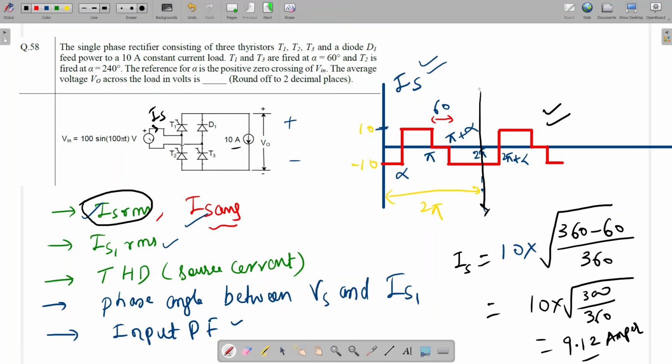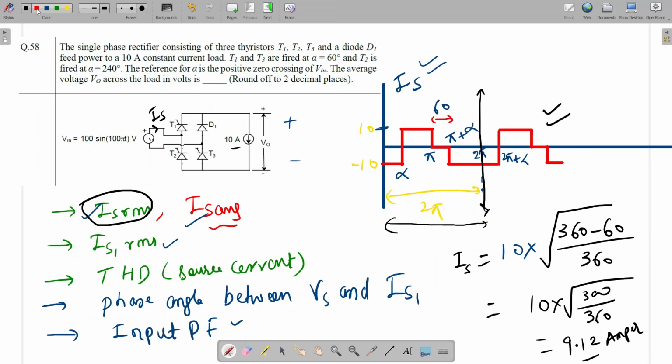Which area is more in this waveform, from 0 to 2 pi? This is one period of the waveform. Here positive, here negative, and here negative. So the overall area, the total area, will be negative only.